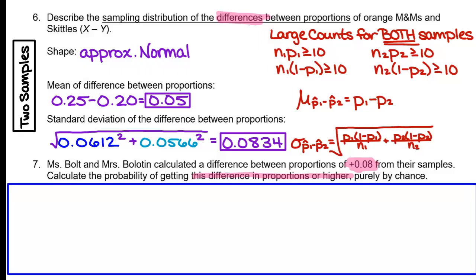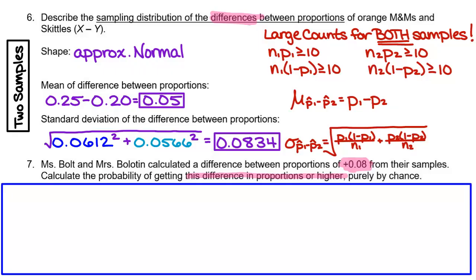What goes right down the center? The mean. Then you need your boundary line, and you need to get your shading either to the left or the right, depending on whether it's a greater than or a less than. Make sure you have the big capital N for normal.